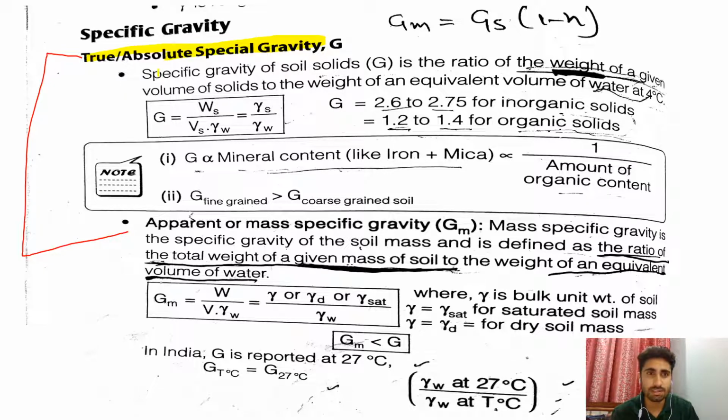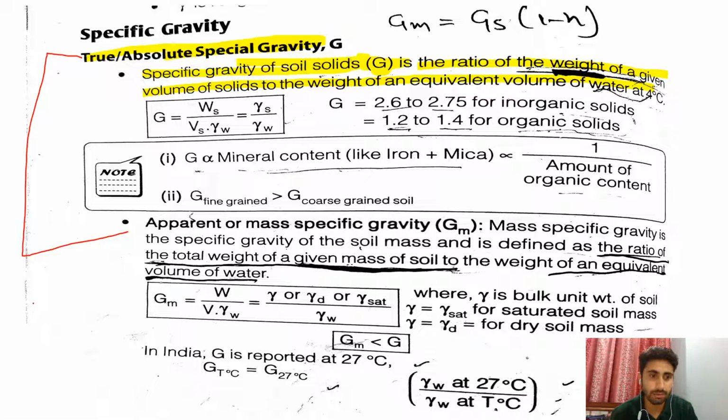True or absolute specific gravity. Let's understand this. Firstly, specific gravity of soil solids, which is represented by G, is the ratio of weight of a given volume of solid to weight of an equivalent volume of water at 4 degrees Celsius.